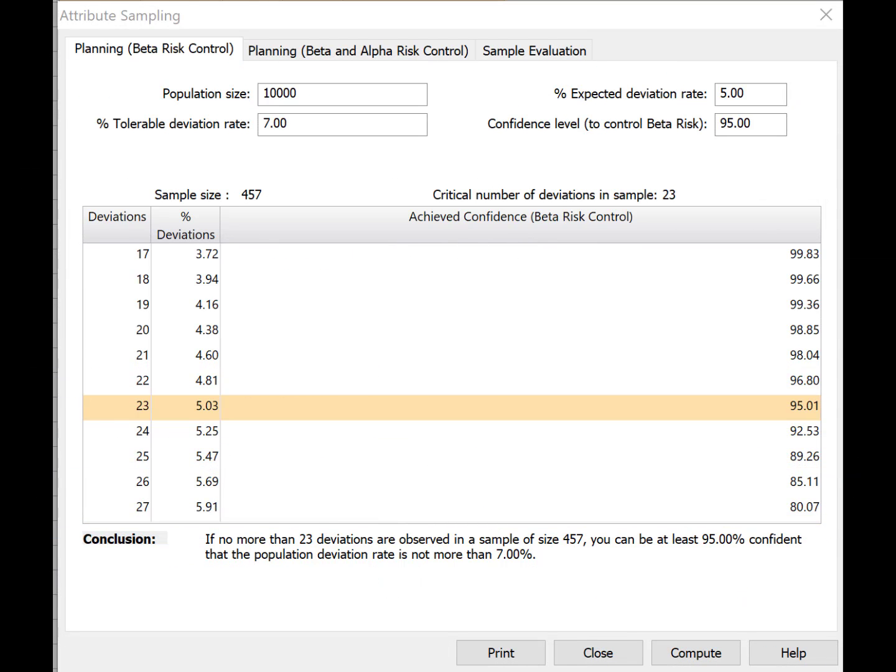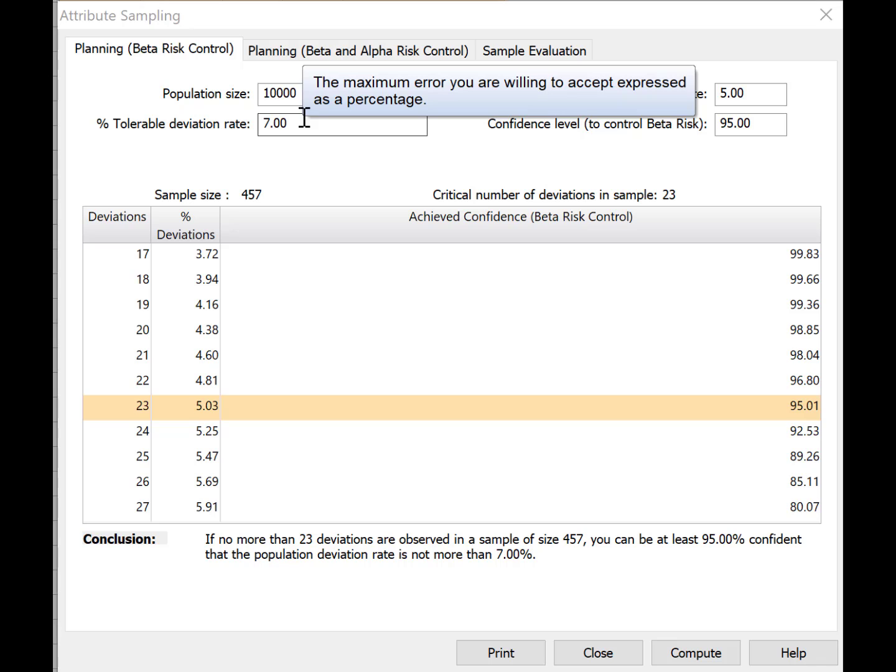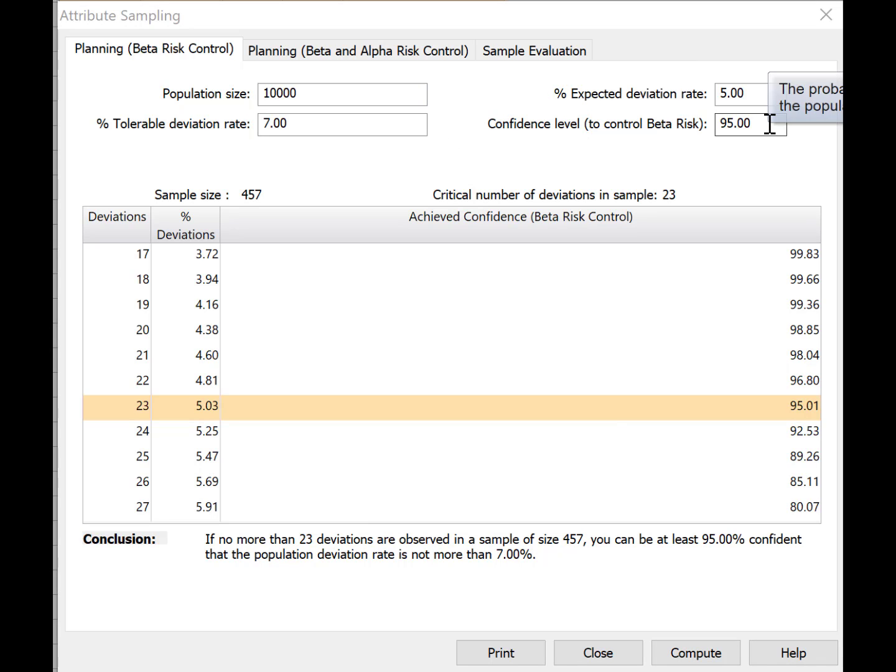We are now in the IDEA software where we are looking at identifying a sample size. When you look at this, you notice that we have a population of 10,000 elements. Let's say there's 10,000 accounts receivable. We have an expected error rate of 5%, a tolerable error rate of 7%, and the confidence level set at 95%.